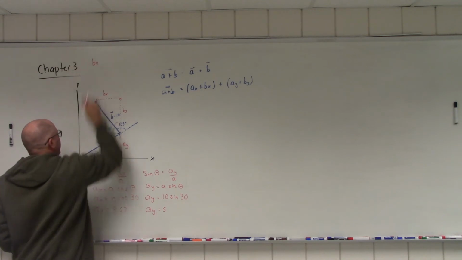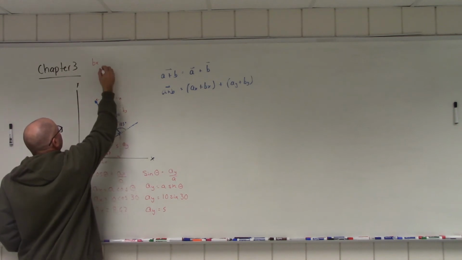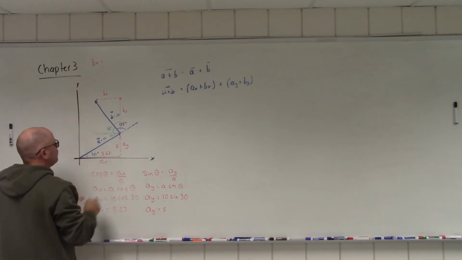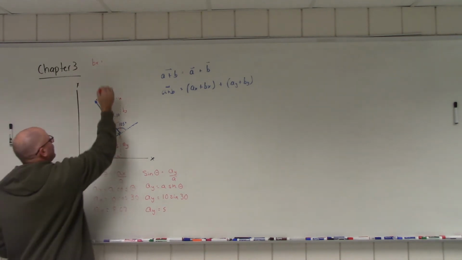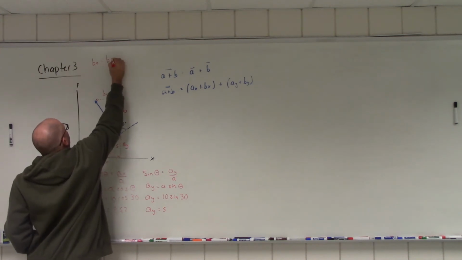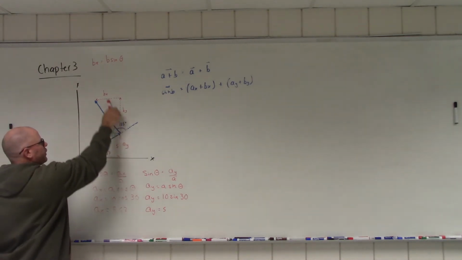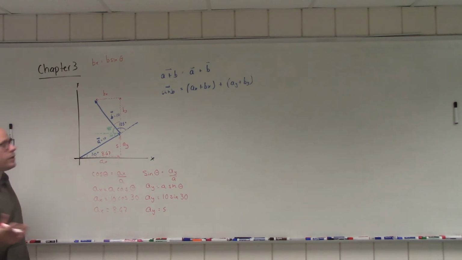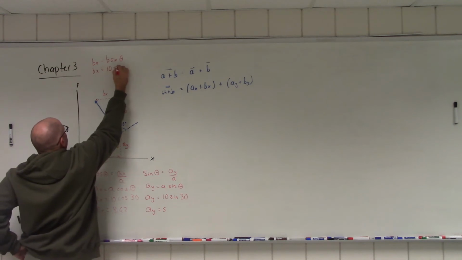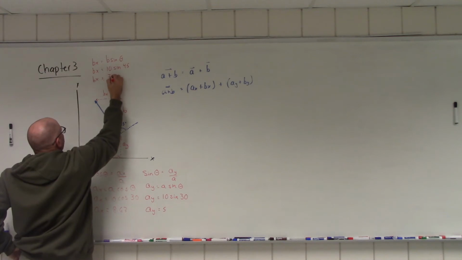So if I use the same understanding of this here, my B in the x direction should be equal to, well, this time the B is across here, so we're going to use B sine theta, because the angle we chose here is across, so we have to use the sine. So Bx is equal to 10 sine 45, and so Bx is equal to 7.1.